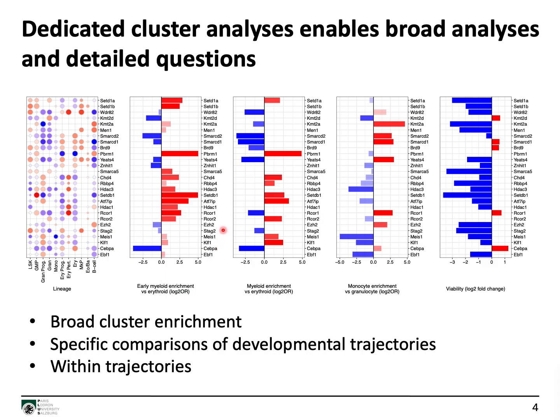We also asked some more specific questions. For example, are certain chromatin factors enriched in early myeloid versus early erythroid development by just taking the early clusters from this UMAP, or just myeloid versus erythroid development in general, or even within the myeloid branch, the monocyte versus the granulocyte enrichment. So these enabled us to ask very specific questions of the developmental effects of these factors.